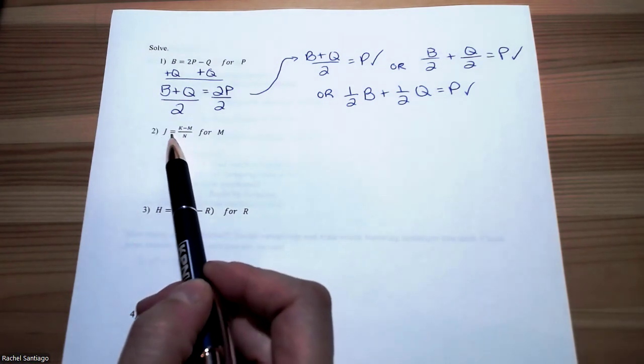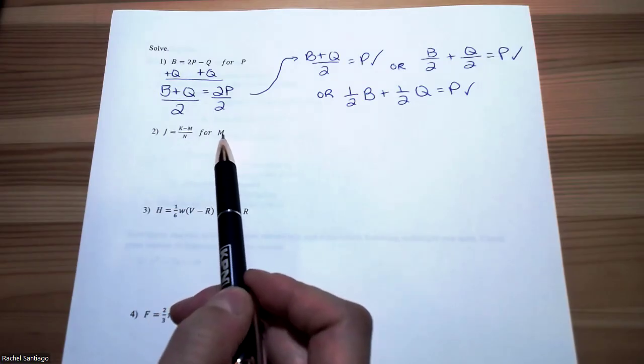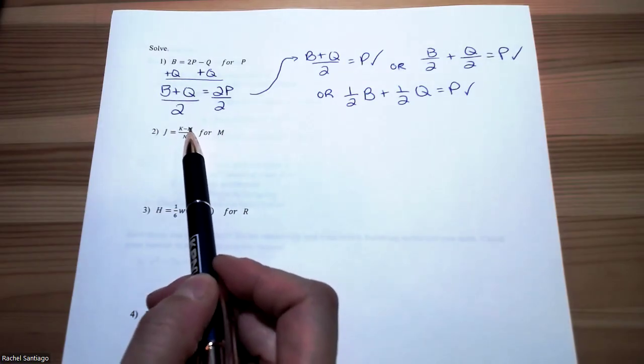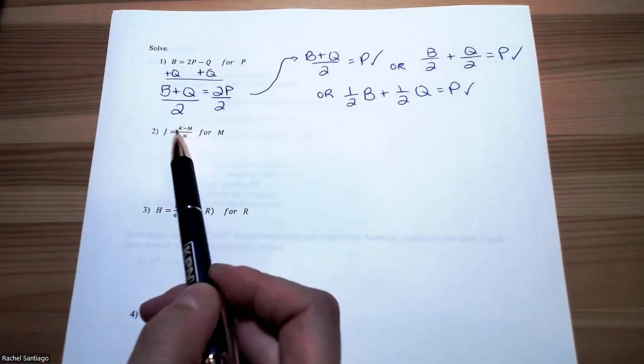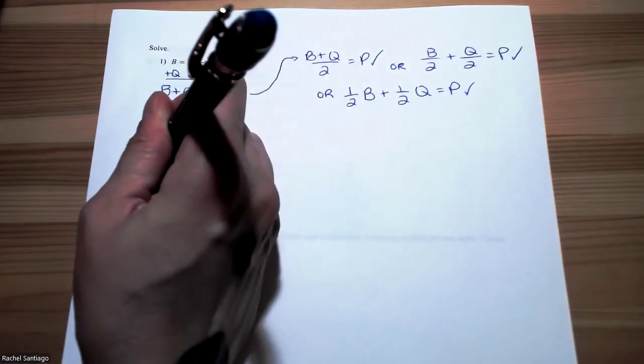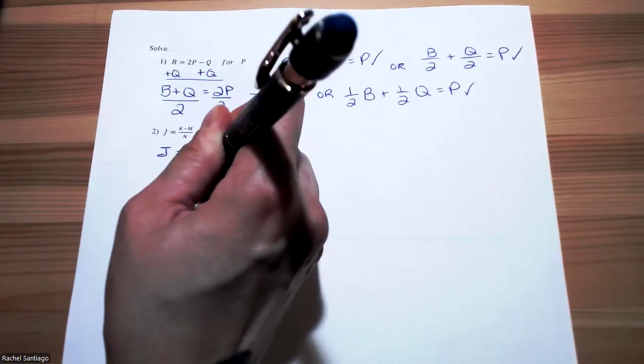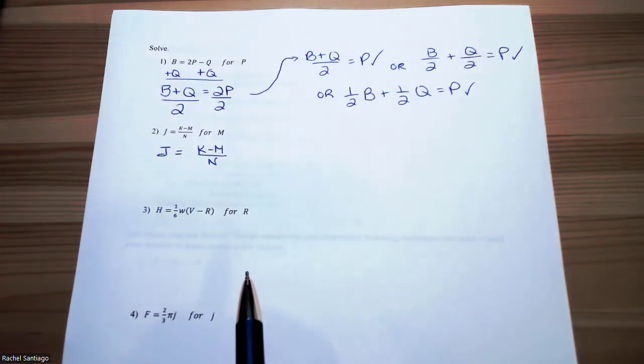Notice here we have j is equal to k minus m divided by n. And I need to get m alone. M is in the numerator of this fraction, which means this fraction's got to go. So if we rewrite j is equal to k minus m over n, you probably are guessing I need to cancel fractions.